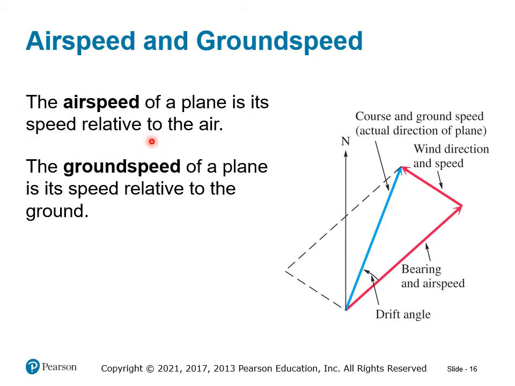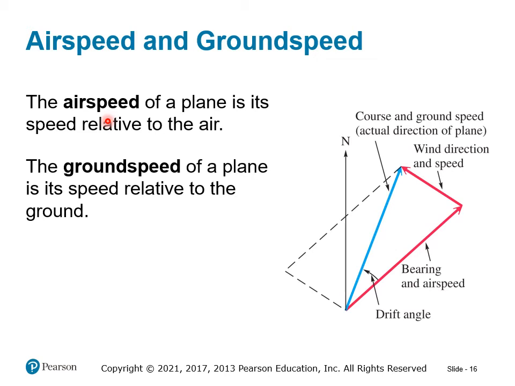What's happening with airspeed is, in order to go a certain speed relative to the Earth, let's say between LA and San Francisco, you want to travel along a line on the Earth between those two cities. But the wind is blowing, and so if you just try to fly along that line, the wind is going to blow you off course.